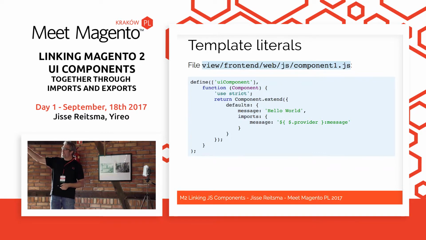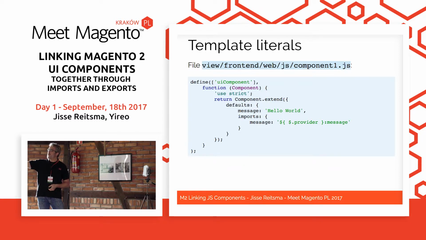So what is a template literal? It's this weird thingy that you see here. The dollar is referring to a variable just like in PHP, but now it's based on modern JavaScript, ES6, ECMAScript 6. And $.provider is being translated on the fly into this.provider.